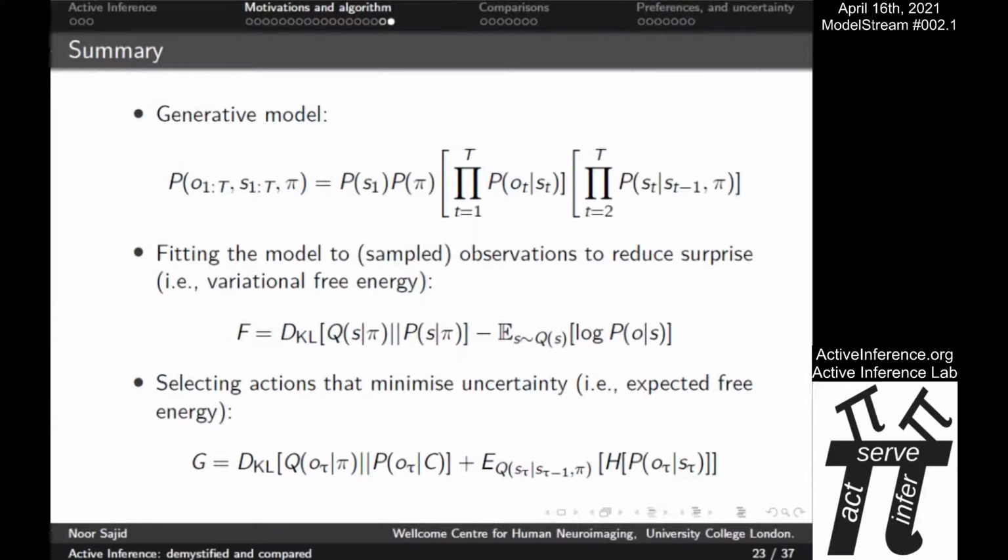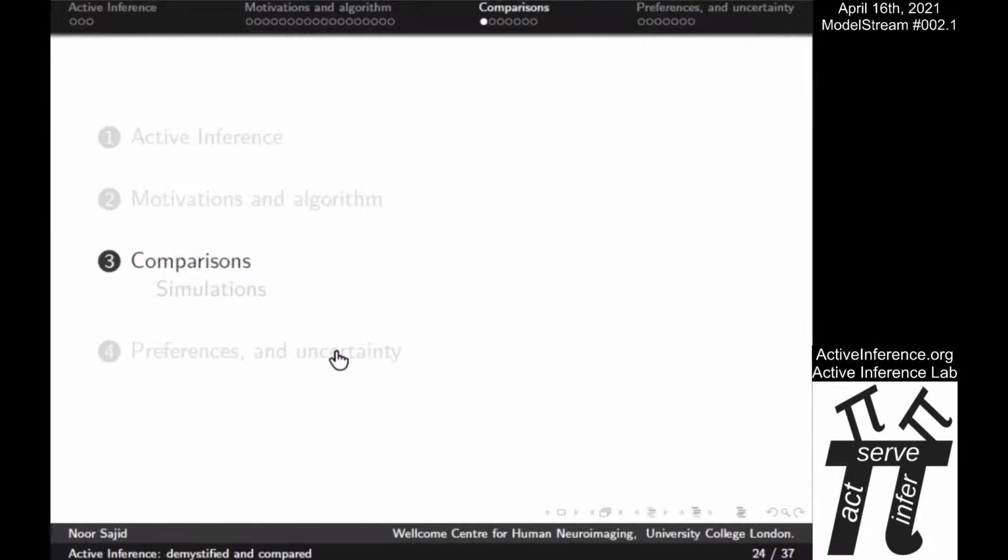And the way you do that is by having a softmax over negative G, the quantity we have here, and then sampling from that in order to select the next best action. Okay. So that's a quick deep dive into a massive amount of active inference literature, but I just wanted to highlight that those are the 3 core ingredients if you are interested in implementing these algorithms yourself.